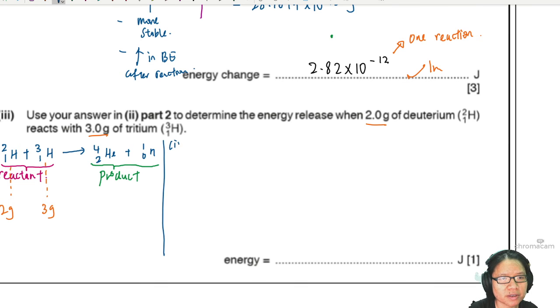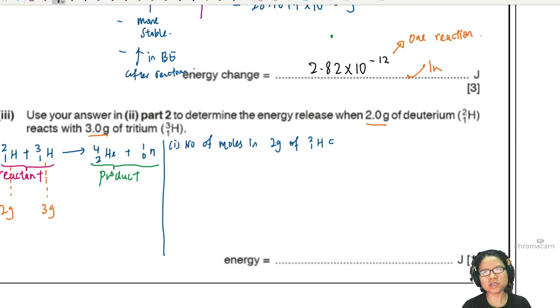Okay, so I'll calculate them one by one. First, I will find the number of moles in 2 grams of deuterium. So this molar mass is also 2 grams. How do I know? Because in chemistry, whenever we see this proton number, unless you are given more information with more significant figures, this 2 grams is your molar mass.